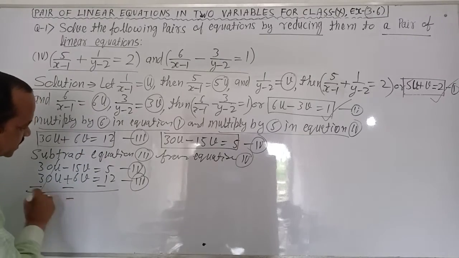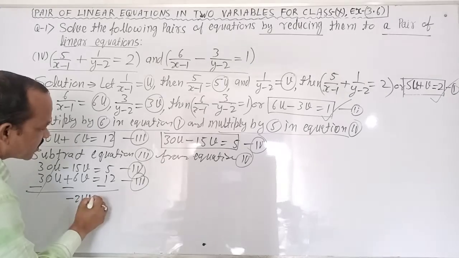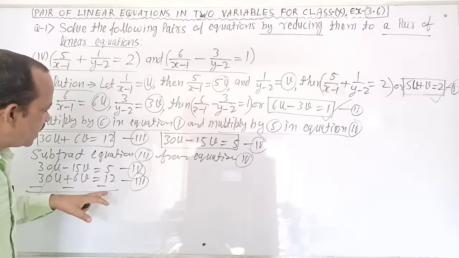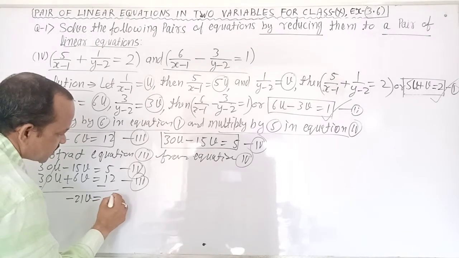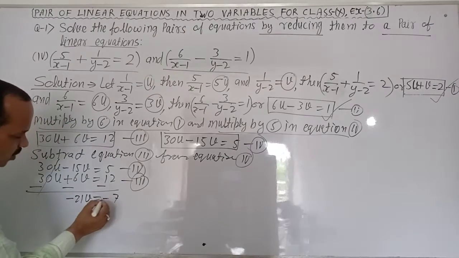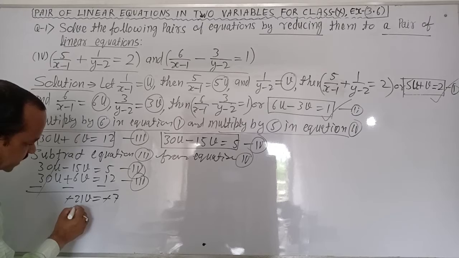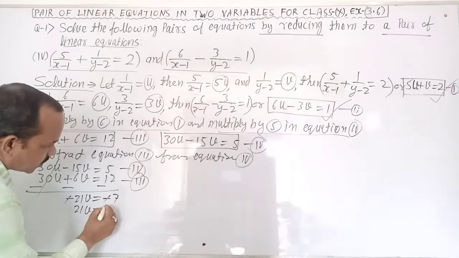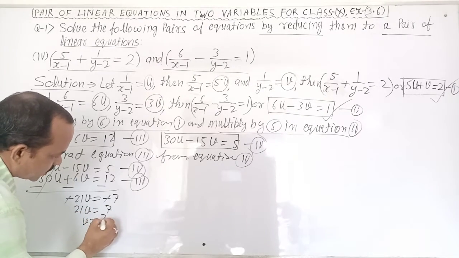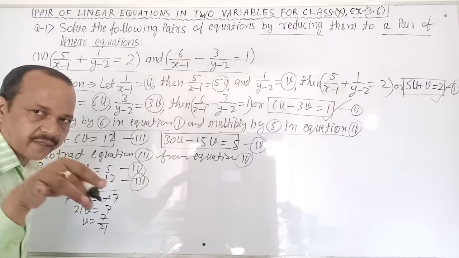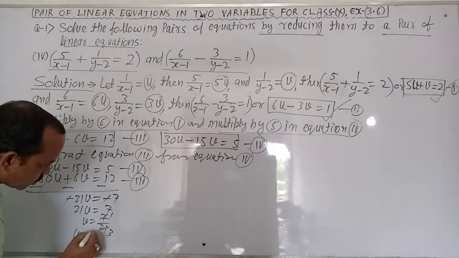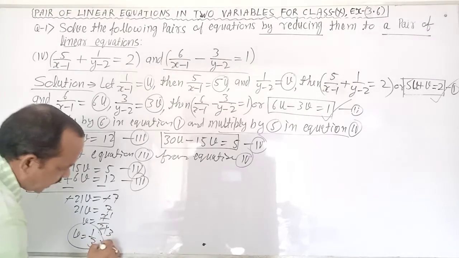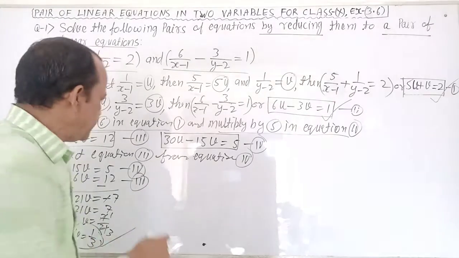It becomes minus 21v equal to 5 minus 12. You subtract it, it becomes minus 7. You can cut minus and minus. 21v equal to 7, v equal to 7 by 21. You can cut it, 7 1 ja, 7 3 ja. v equal to 1 by 3.